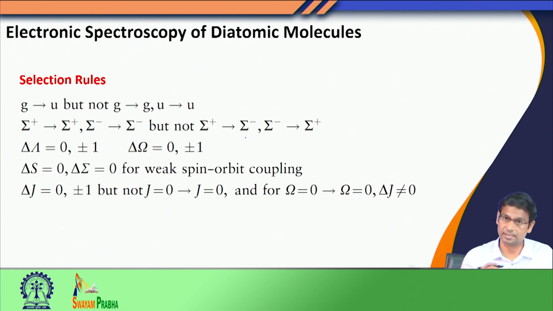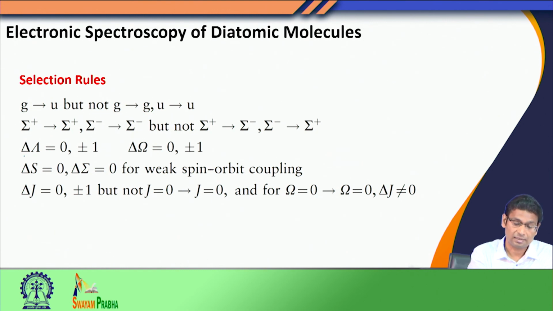Why so? That is because the dipole moment in a diatomic molecule is along the nuclear axis, so it is symmetric with respect to sigma v.